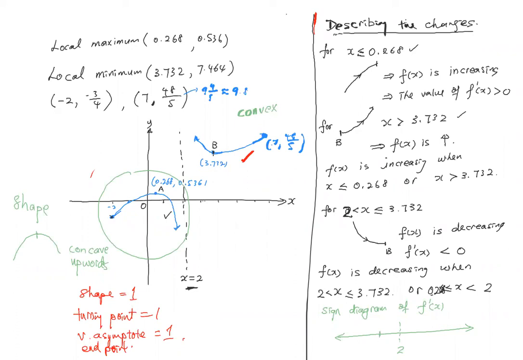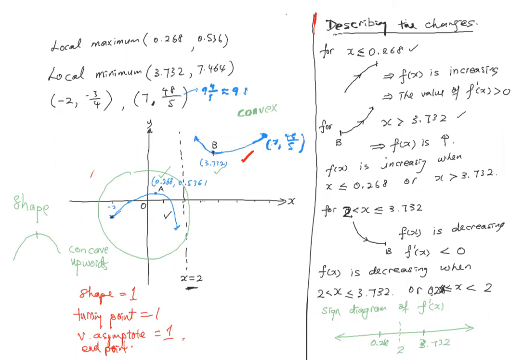We know that it happened at these two values, because that is a stationary point. So I jot down 0.268, and another point is here, 3.732. Now you look at here.